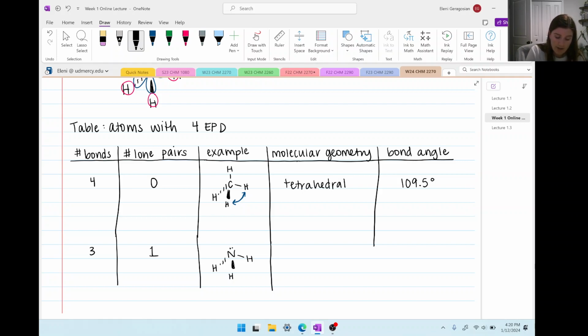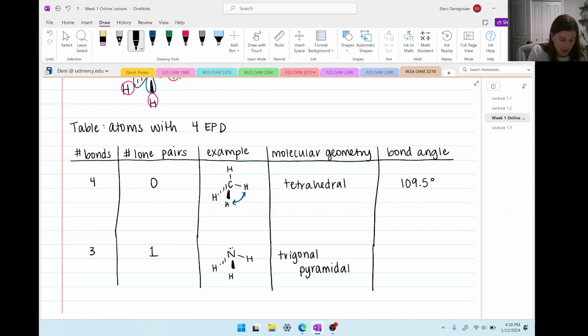We no longer have an atom above that nitrogen the way I've drawn it there. The hydrogen atoms are all below the nitrogen, and there are 3 of them. We call this trigonal pyramidal.